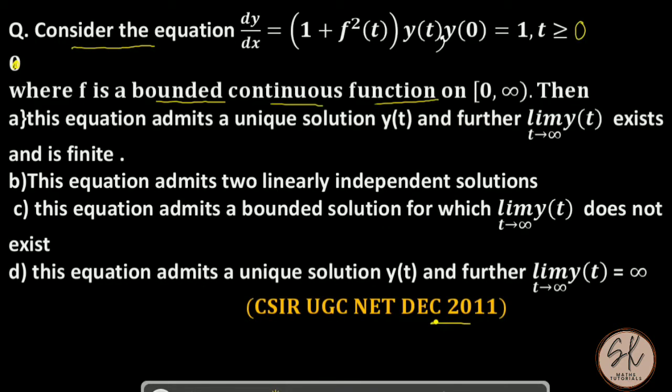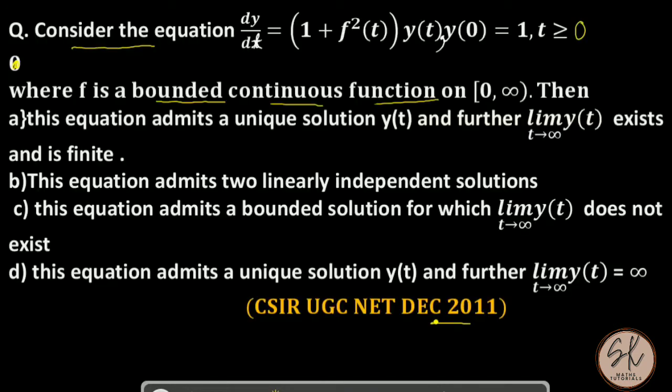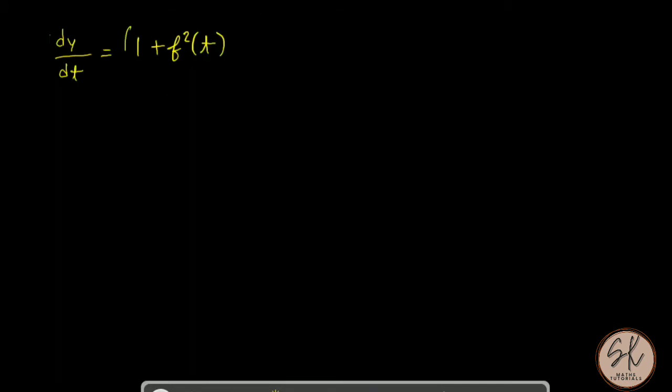The question is dy by dt is equal to 1 plus f square t into y of t, with y of 0 is equal to 1, and we are given that t is greater than or equal to 0.